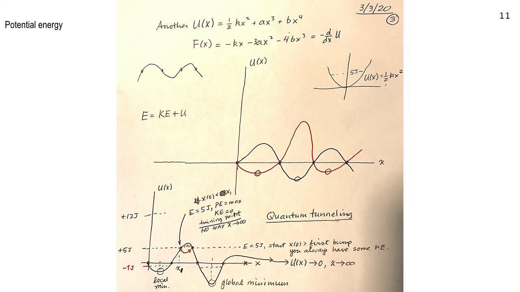So that means the kinetic energy there is 0, and you can't move any further to the right, but you can turn around and zip back down here to the left and come back over here, back to 0. All right, so this is a turning point.